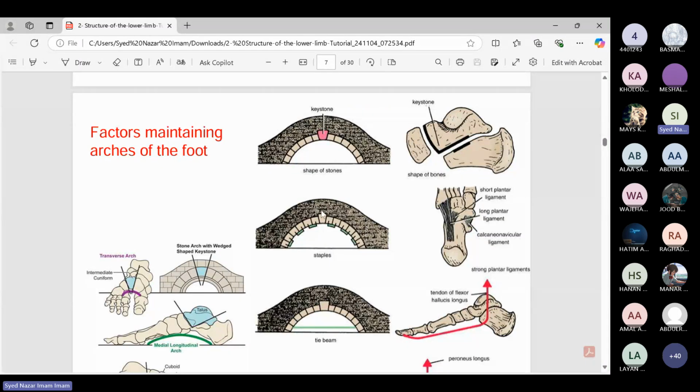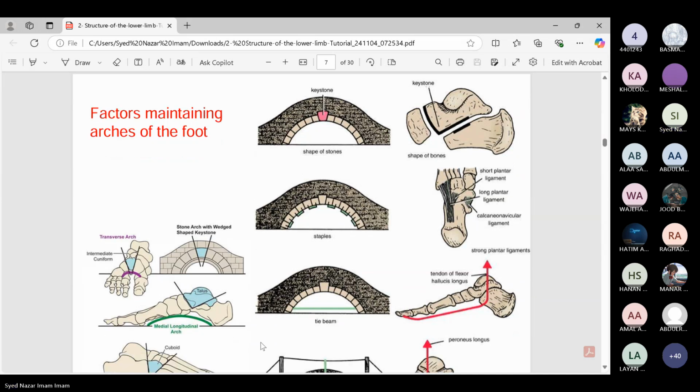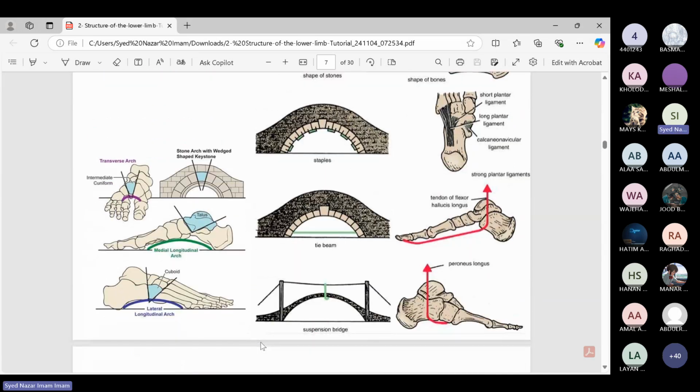Similarly, for the transverse arch, we have this cuneiform, which is forming the key bone for the transverse arch. So what about the lateral longitudinal arch?